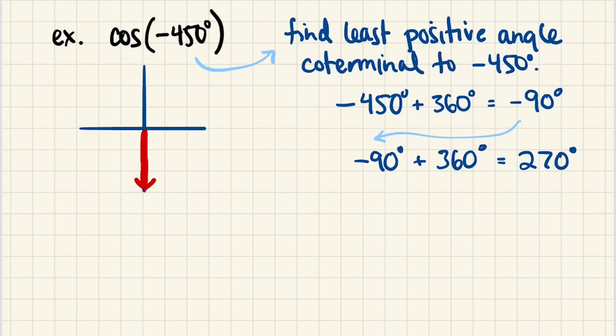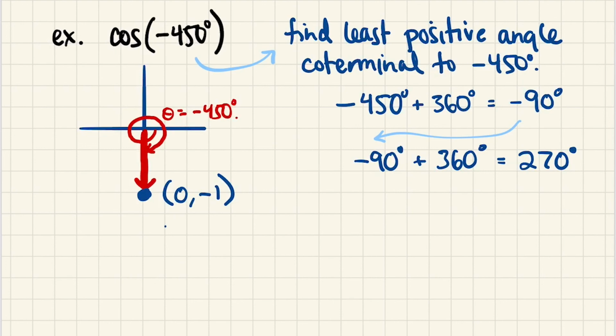So there is negative 450. And actually drawing the angle, we'd have to draw this clockwise because it's a negative angle, and it goes around a whole time and then stops there. So there's our theta. All right, so we'll pick our favorite point on there, which is actually the same point we chose for the last problem, 0, negative 1.